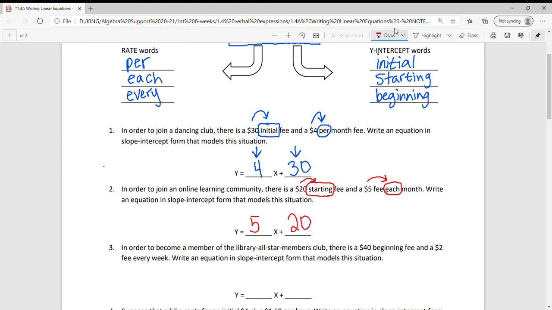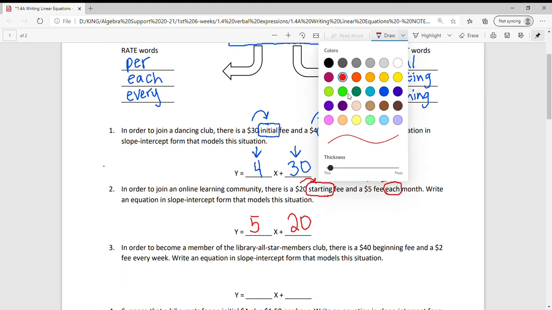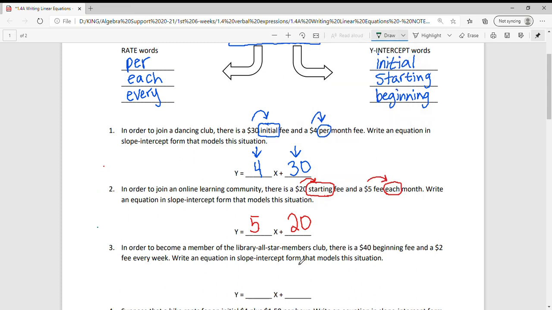Okay, we'll do one more together. So number 3. In order to become a member of the Library All-Star Members Club, there is a $40 beginning fee, so I'm going to circle that beginning, and a $2 fee every week. So I'm going to circle that word every.